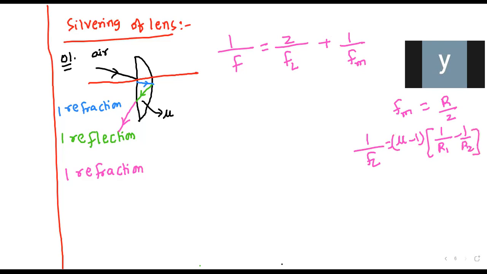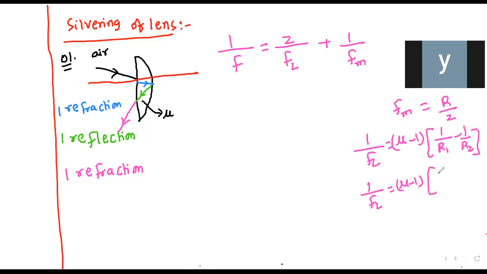In this case, I can say that 1 by FL equals (mu minus 1) times R1 terms. R1 is the radius of curvature of a plane surface. What is the radius of curvature of the plane surface? Infinite.